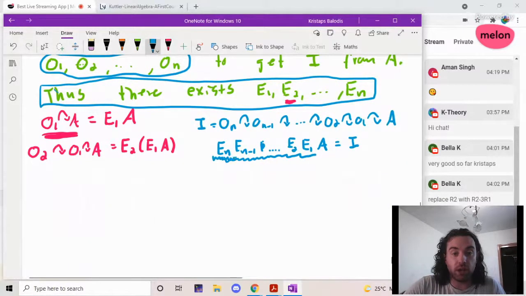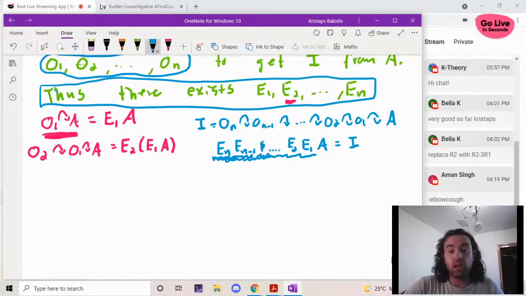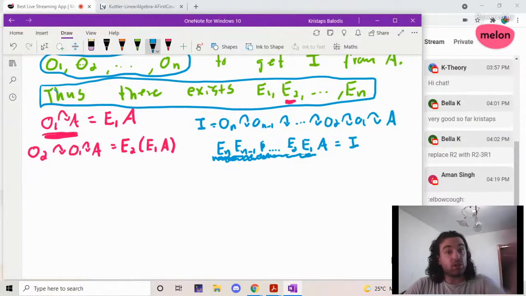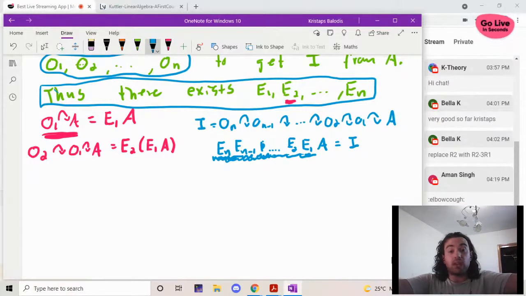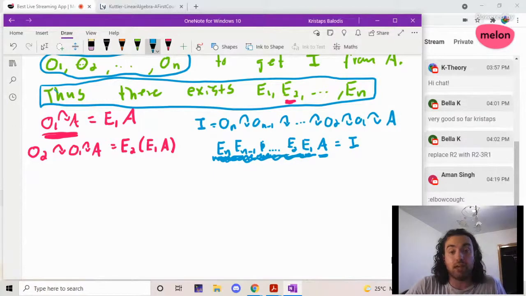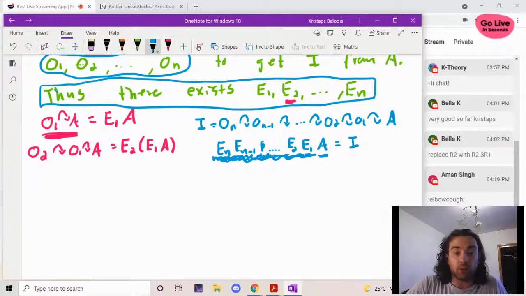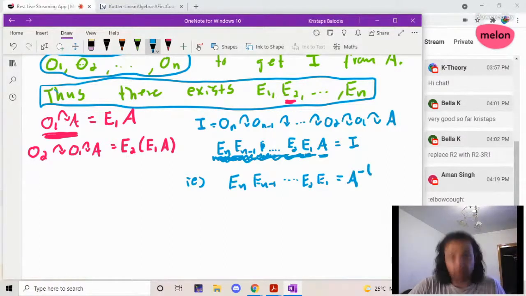If I multiply En with En-1, and then I multiply that with En-2, and I keep going all the way down to E1, then, as someone just mentioned in the chat, that means that A is invertible, that there is a matrix here that I can multiply with A on the left that results in the identity matrix. In other words, En times En-1 times ... down to E2, E1, this is A inverse.